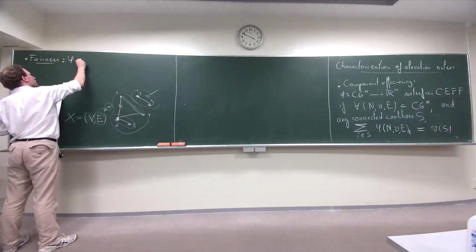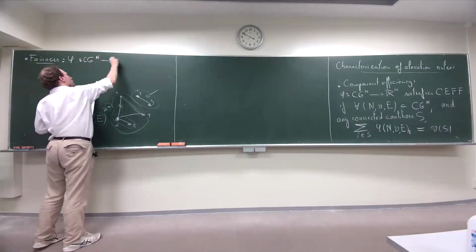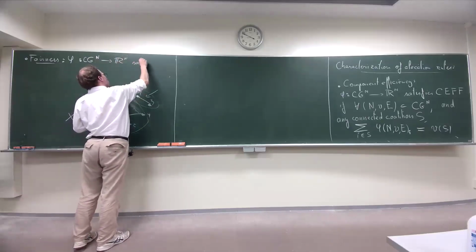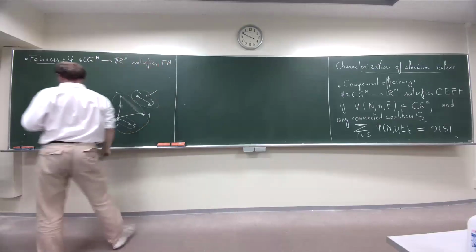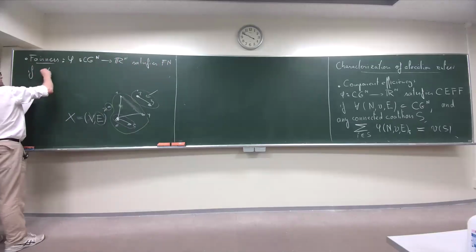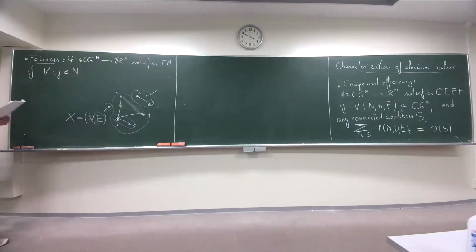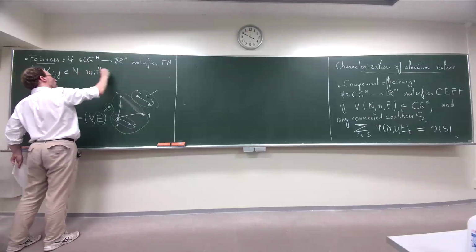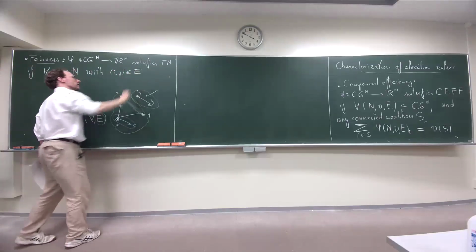Phi from CG of n to Rn satisfies the condition F if for any i and j inside N, so for any players i and j, which are connected. So I just write this.